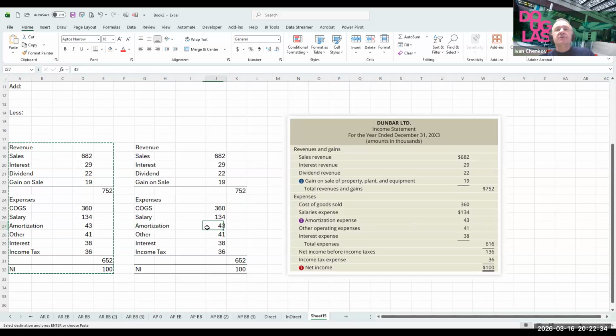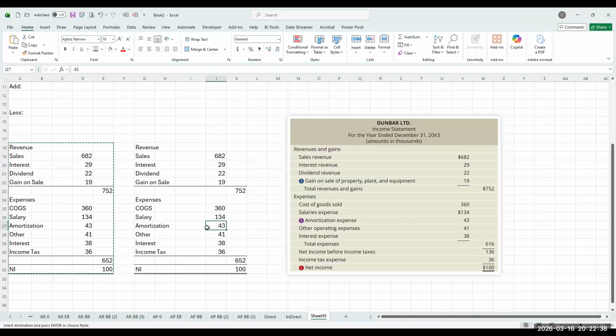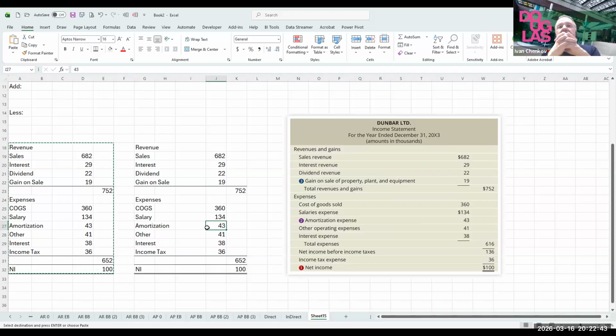Can I buy amortization? No, you can't. So is this cash? No. So I have to eliminate it. If I eliminate that cash and put 0, what will be my operating income?